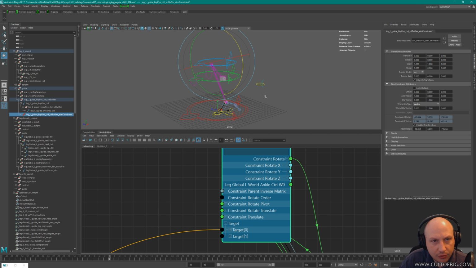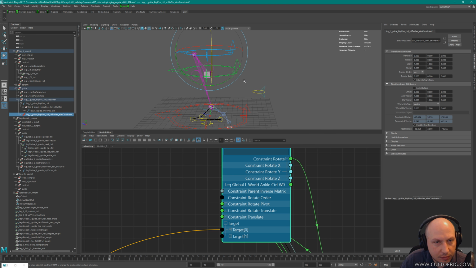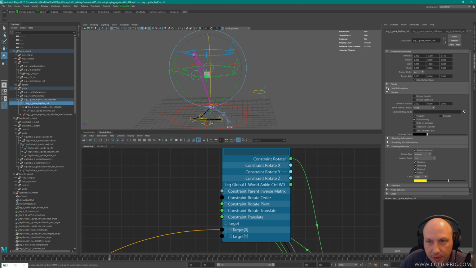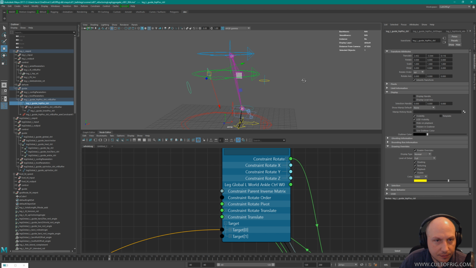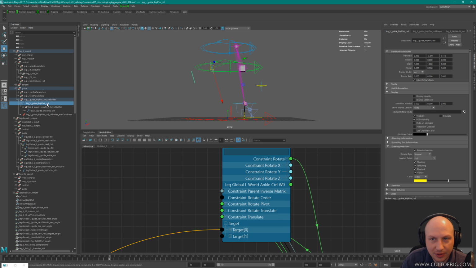So aim vector, what do I want to aim? What is going on with you? Hit position. Did I at some point move that? Okay, doesn't matter.